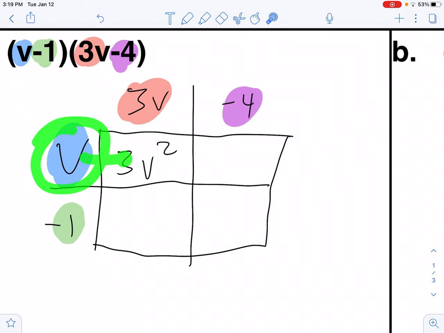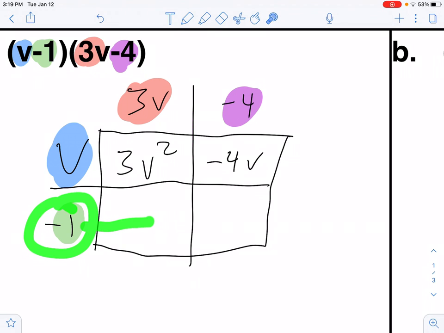Now I'm going to take this v, and it's going to multiply with negative 4. So v times negative 4 would make negative 4v. Down below, I have negative 1, and that is multiplying with 3v.